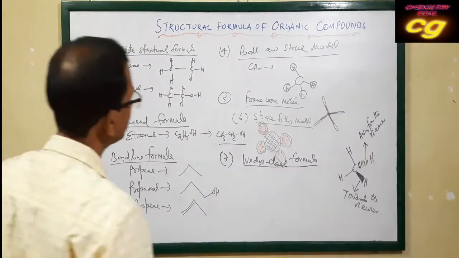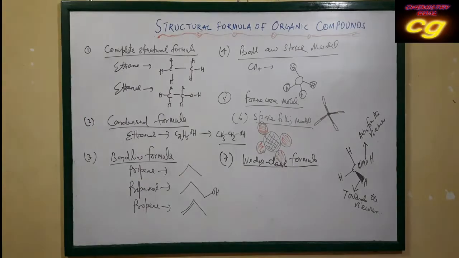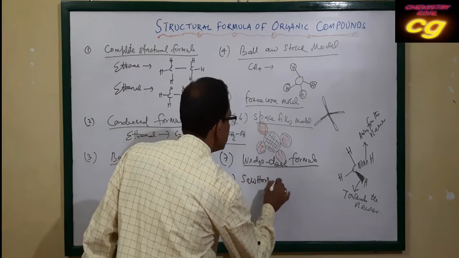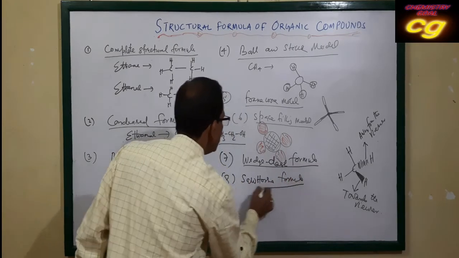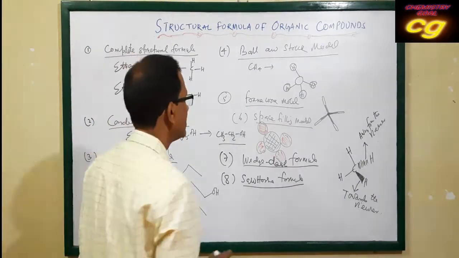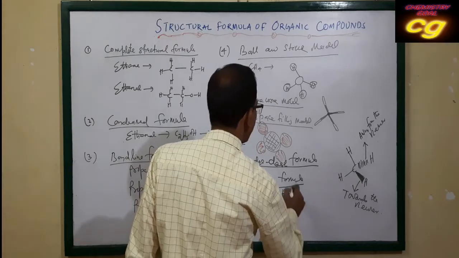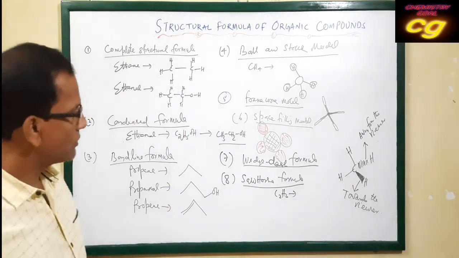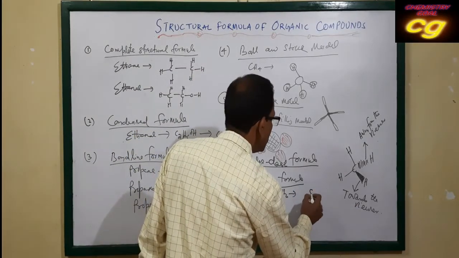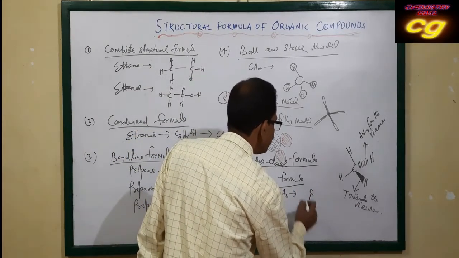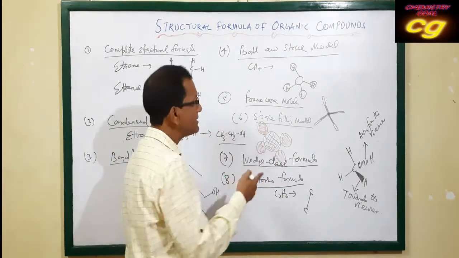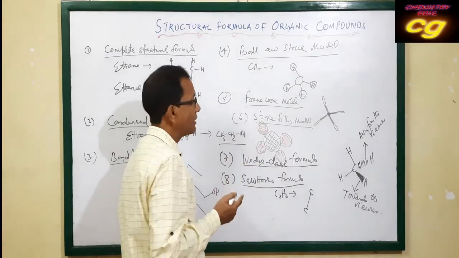Another important representation of the molecule is the Sawhorse formula. In the Sawhorse formula, suppose the example is ethane, C2H6. Here the whole molecule is divided into two parts. When you select two atoms, as it is an organic compound, you select the carbon atoms.